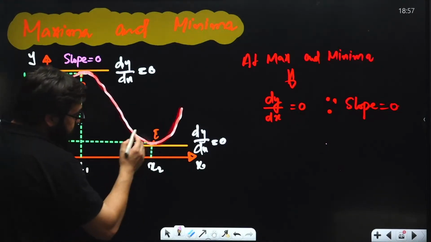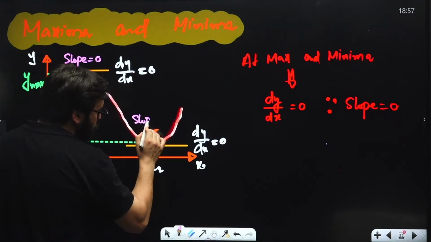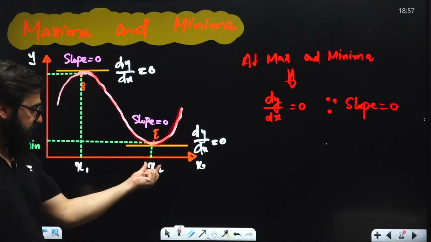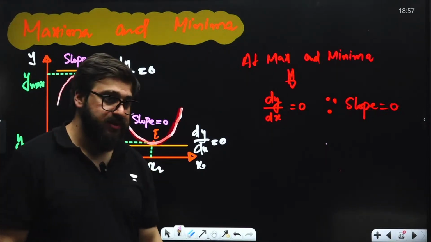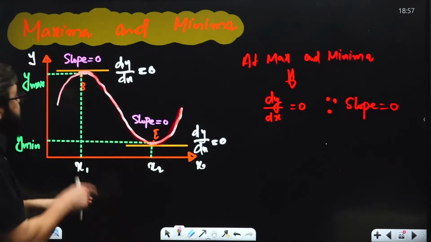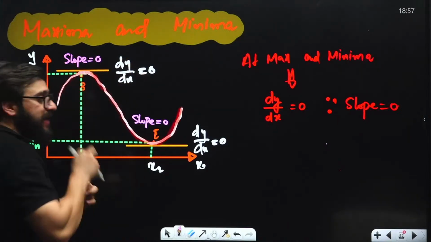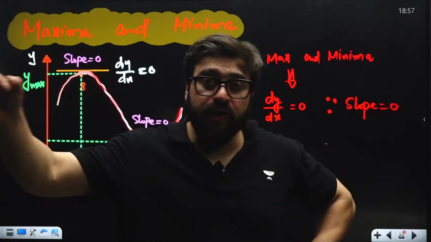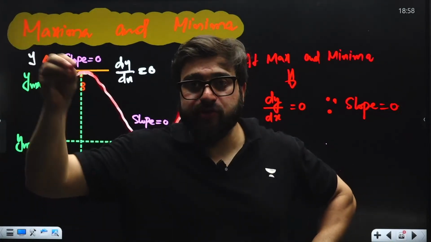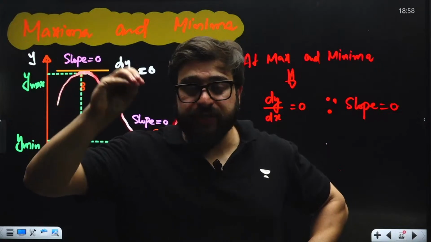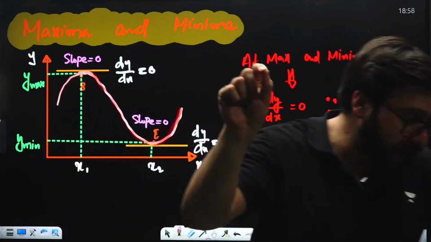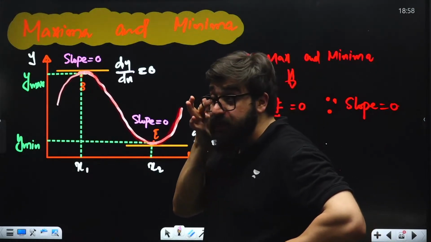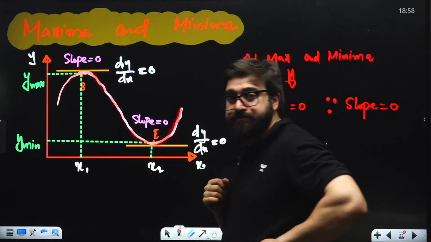Similarly, the slope at this point is also 0, because here also the tangent is parallel to the x-axis. If the slope is 0, it means dy by dx is 0. Because I have told you, whether you call it dy by dx, slope, or rate of change of y with respect to x, it is one and the same thing. So dy by dx is equal to 0 in both the cases.